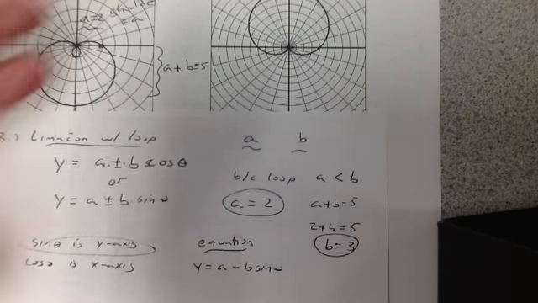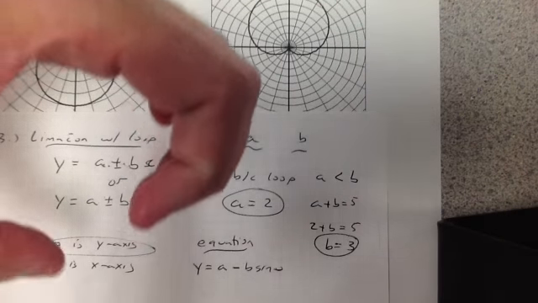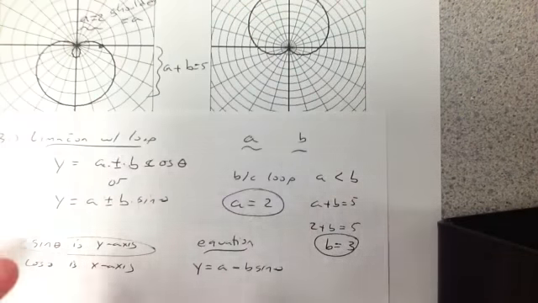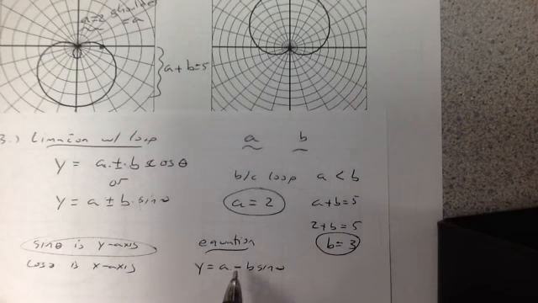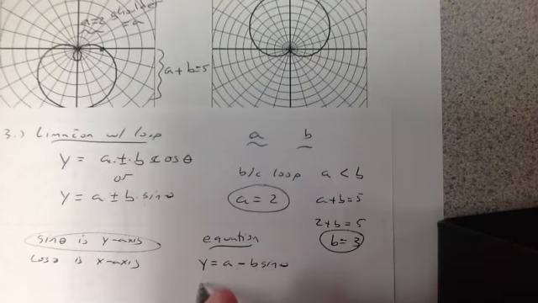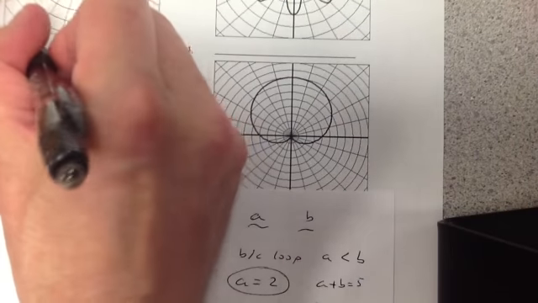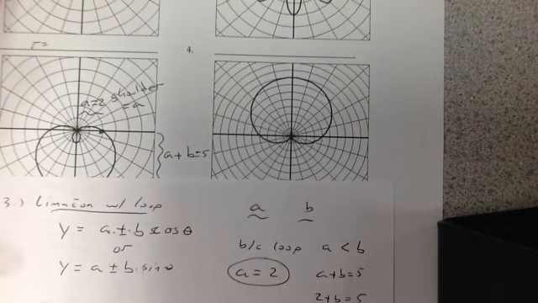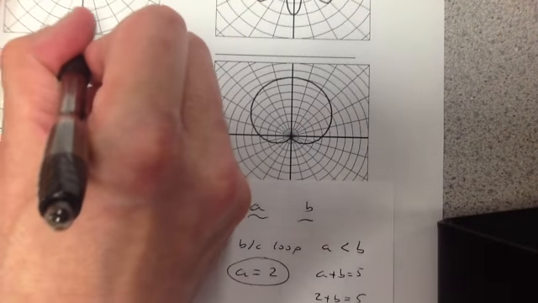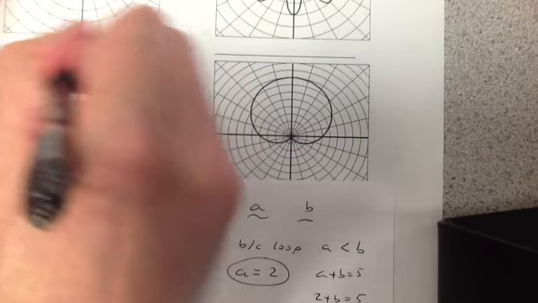If it was opening up, it's positive. So my equation: r equals 2 minus 3 sine of theta. And there's our looped limaçon.